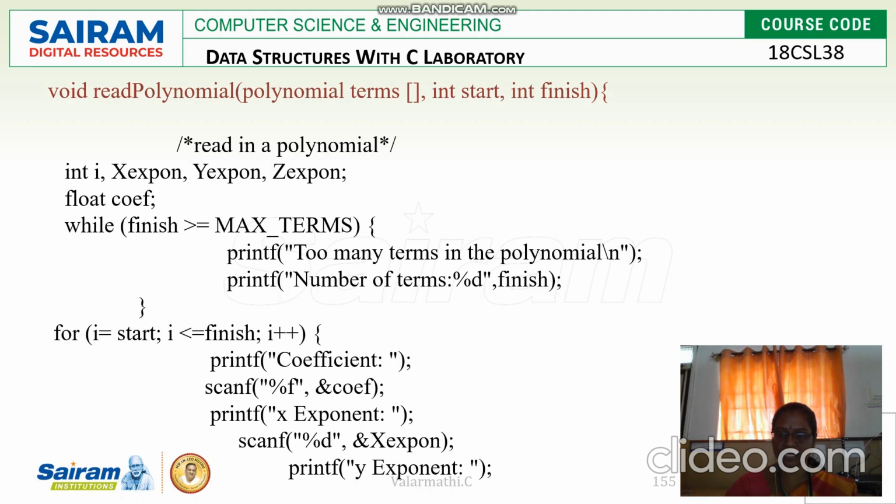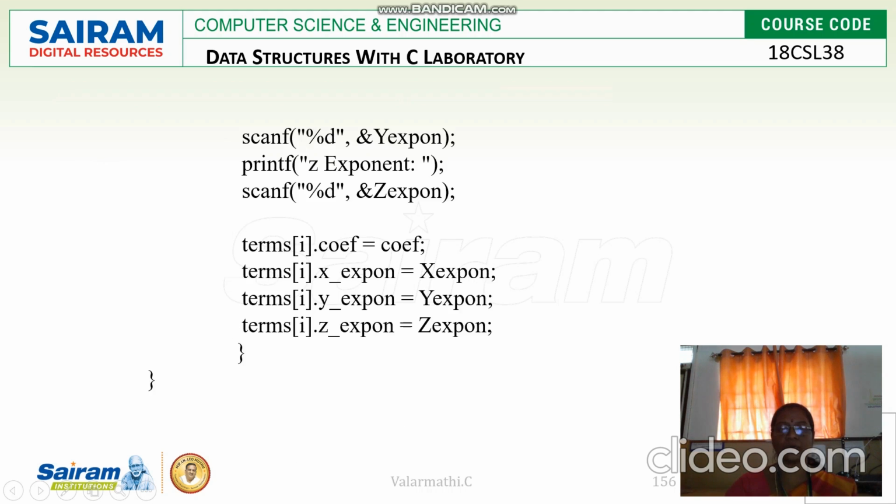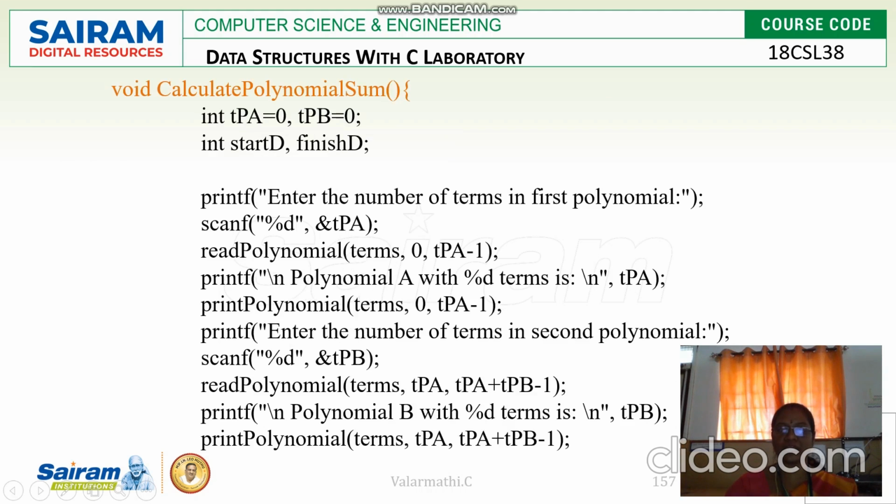So too many terms are defined in the polynomial, and the number of terms also we can display and exit from this, or else we can start reading the values of each exponent. So exponent of x is read, exponent of y is read, exponent of z is read. So like that values are retrieved from the users.